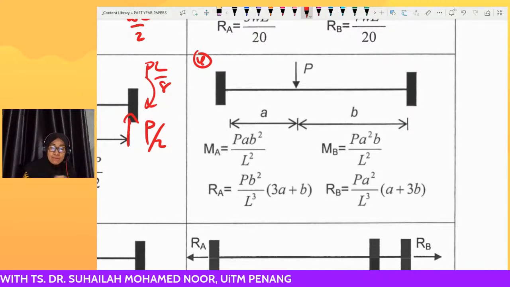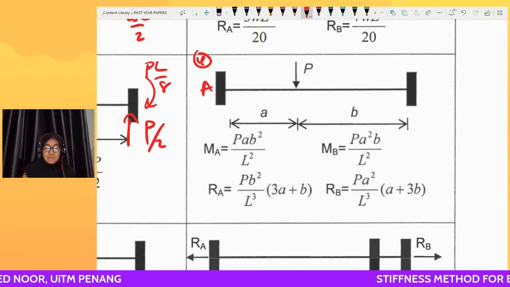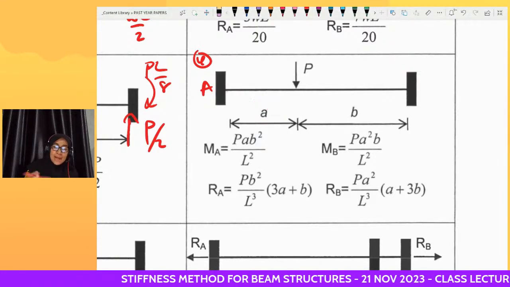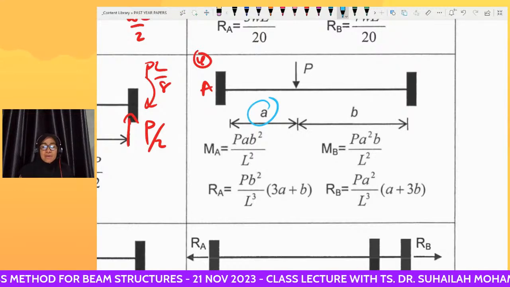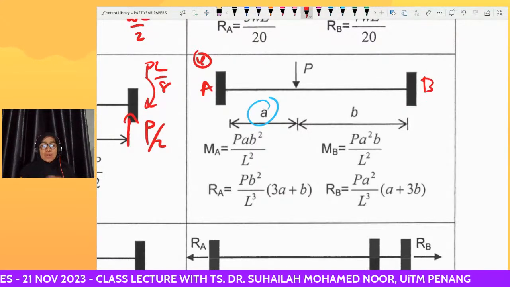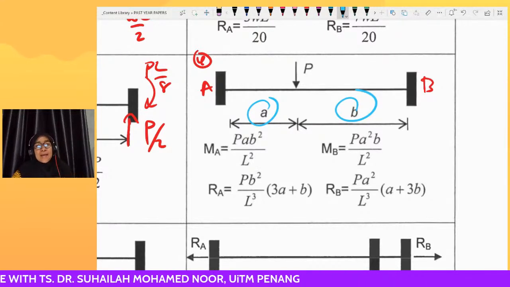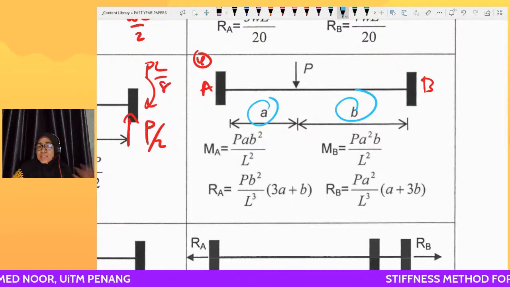From support A, we label the distance from support A to P as a. From support B to P, we label the distance as b. It is not that a is the shortest and b the longest.